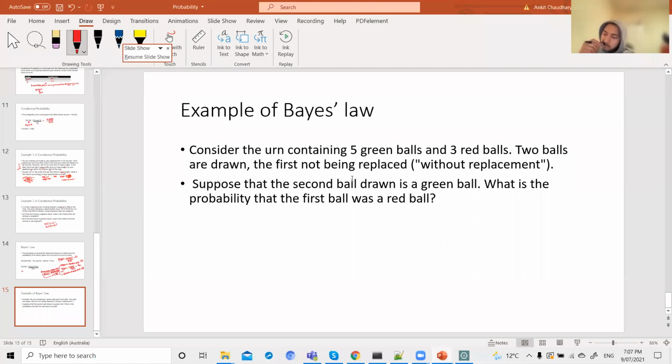Try to read and draw the picture. The second one is green. What if the first one was a red one?